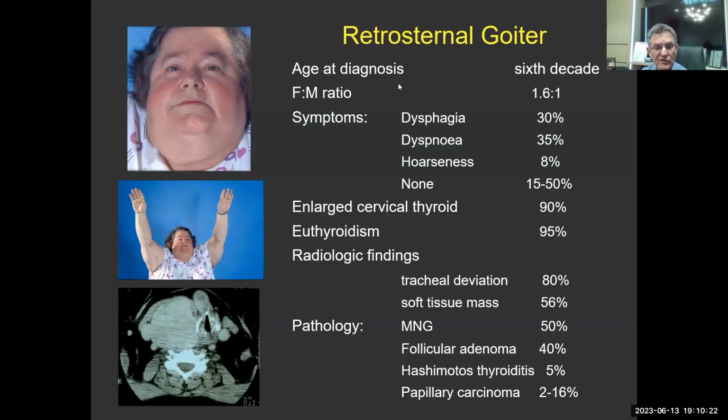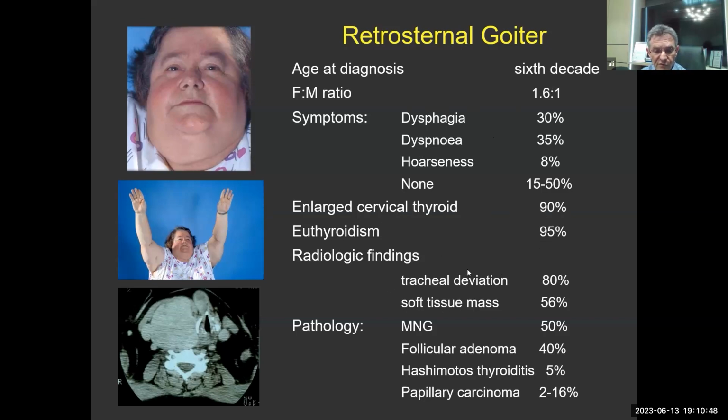And so these individuals with retrosternal goiters, again more commonly elderly women, can present with dysphagia, dysphonia, their voice is weak or hoarse. Occasionally, they may have none of those features. They can present with a large cervical gland. Often these retrosternal goiters are euthyroid or with a mildly suppressed TSH.